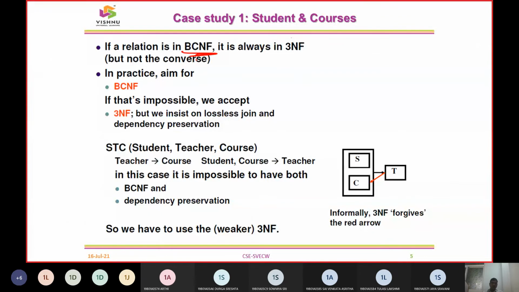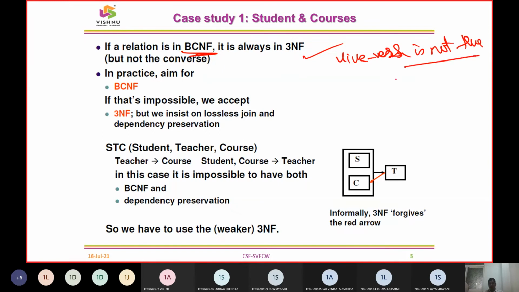Okay, now next comes the Boyce-Codd normal form. If a relation is going to be in Boyce-Codd normal form, the foremost rule is that it should be in the third normal form. So if it is in the third normal form, then we can say that it is also satisfying the Boyce-Codd normal form. But the vice versa is not true.